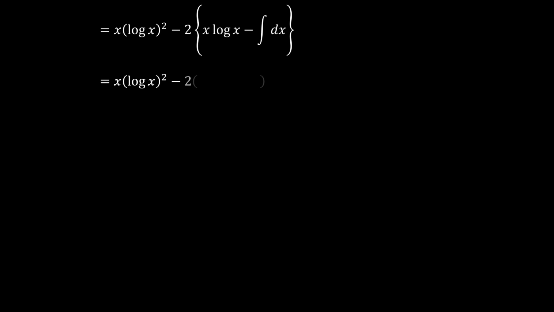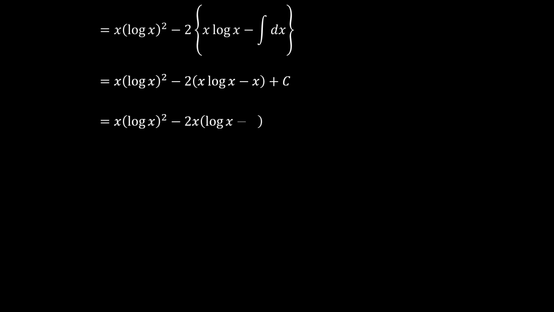And so the integral of 1 is just x. We have x times log x squared minus 2 open brackets x log x minus x, plus the integration constant. We can even pull the x out since x is common in the second part here.